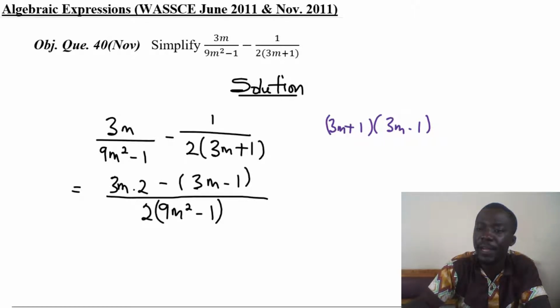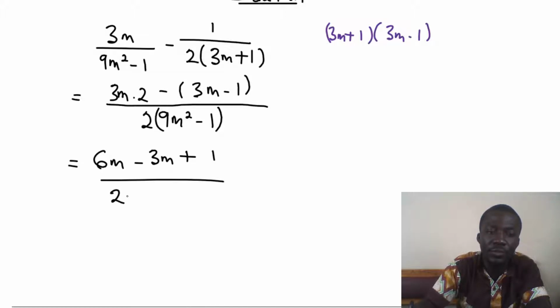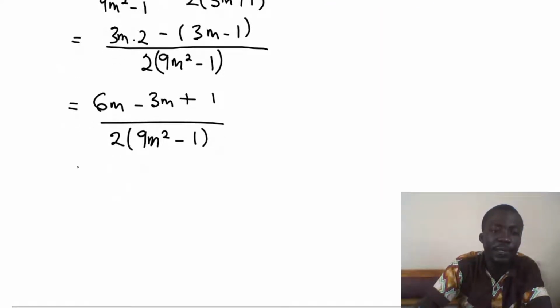Then we can simplify the numerator as 3m times 2 will give us 6m, then minus 3m, then plus 1, divided by 2 into brackets 9m squared minus 1. 6m minus 3m will be 3m, then we have plus 1 there, divided by 2.